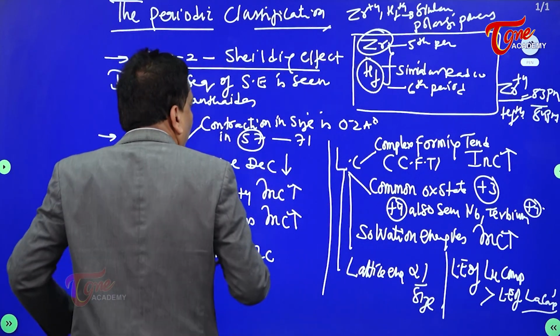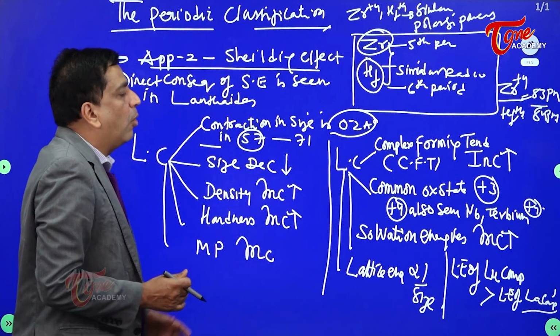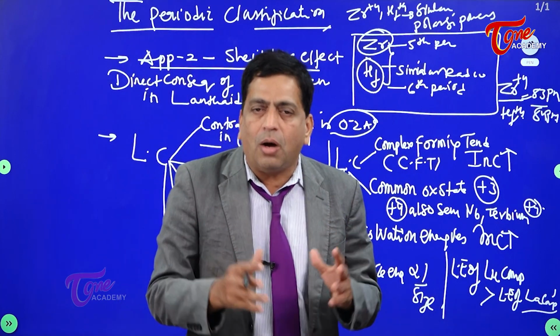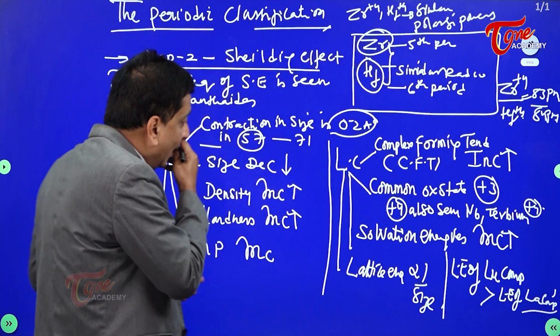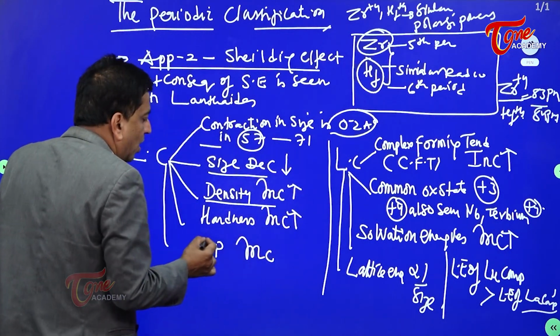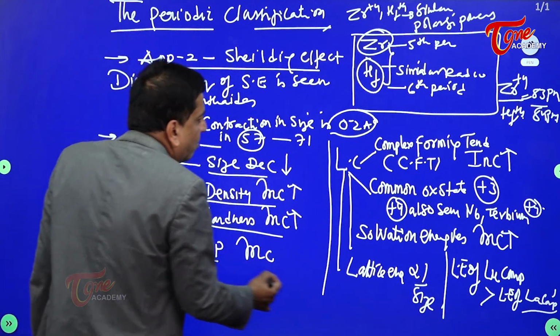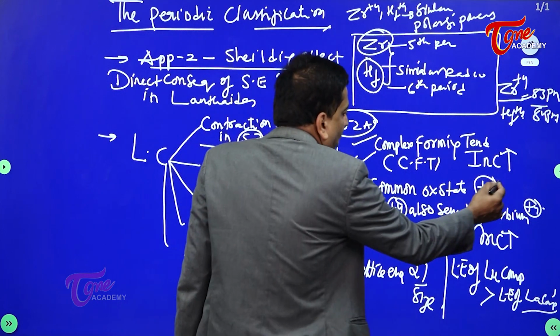Let me read it out once again. Contraction in size is 0.2 angstrom units, which you cannot discount. It is a significant contraction in the lanthanides. Size decreases, density increases, hardness increases, melting point increases, complex forming tendencies increase, and common oxidation states are +3.